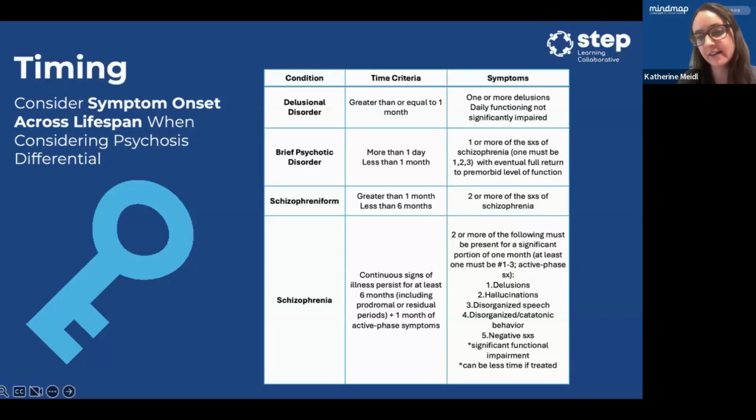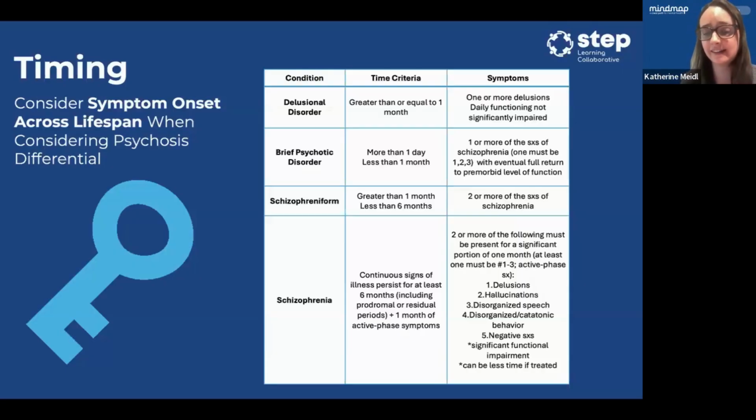And for that diagnosis of schizophrenia, with its time criteria, those are going to be continuous signs of illness that persist for at least 6 months. And you're going to have 1 month of active phase symptoms. So you still need that 1 month with symptoms in the 1, 2, or 3 category. But then you're also going to have symptoms that may not reach that threshold of being as significant as that 1 month time frame, and those are going to be lasting for 6 months.